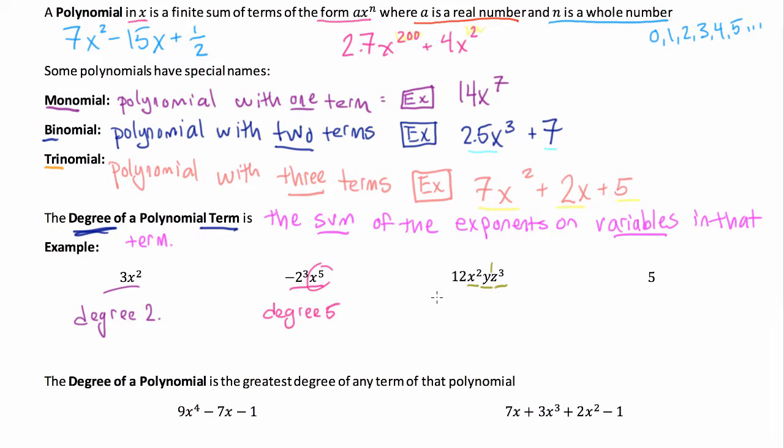So that is degree 6, because 2 plus 1 plus 3 is 6. And then my last one here, this is degree 0, because it is a constant term. There's no variable in there, so the variable is not raised to any power, so that is degree 0.